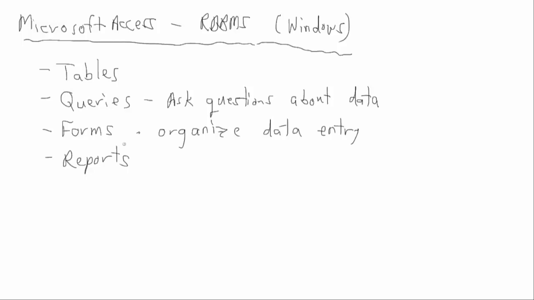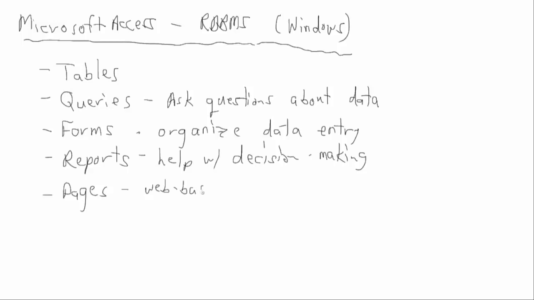Reports generally are created to help decision making. Another thing we can do in Access are pages. So pages basically are web-based forms that can then be deployed outside the database and used on a website to add data to the database.